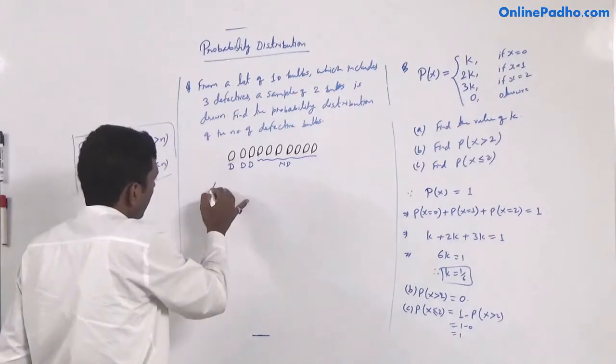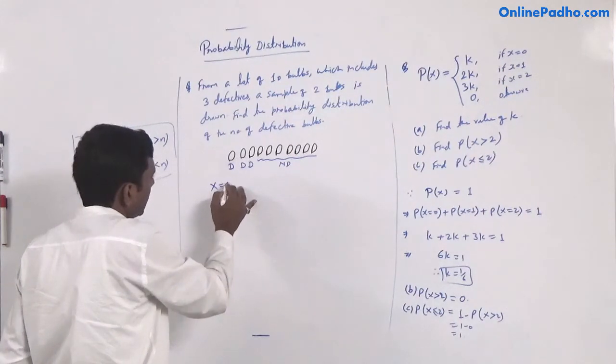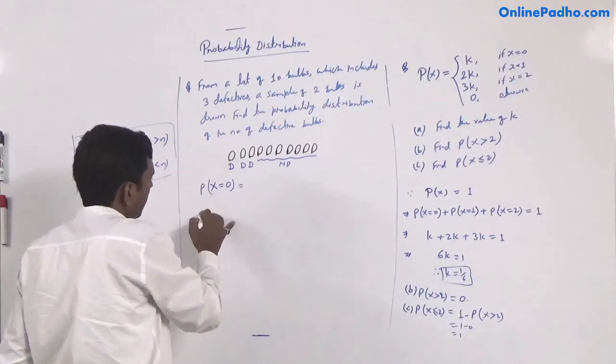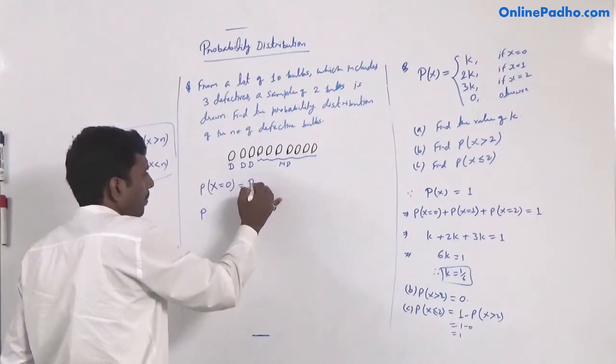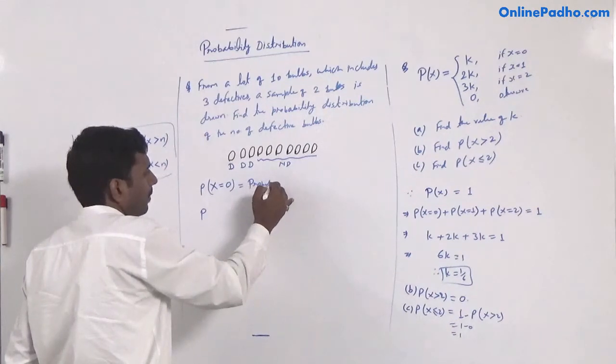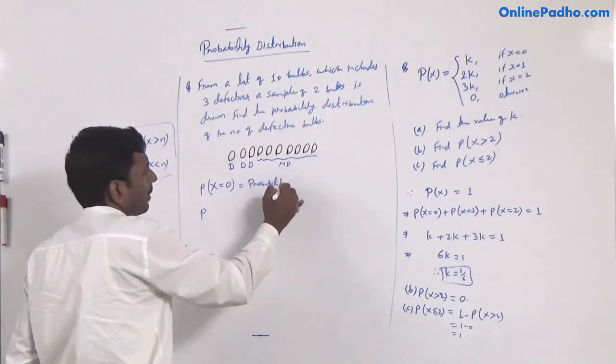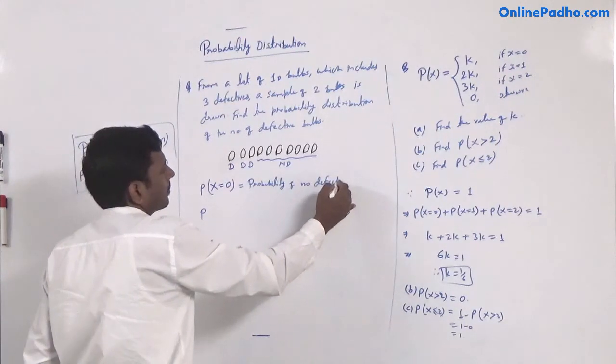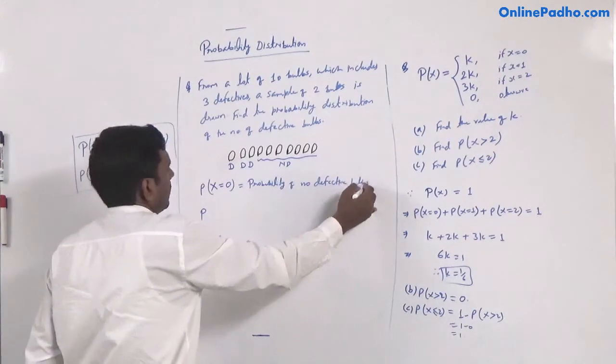So here the random variable is x. P(x=0) means probability of no defective bulbs. Right?